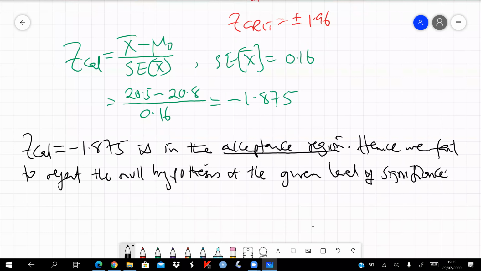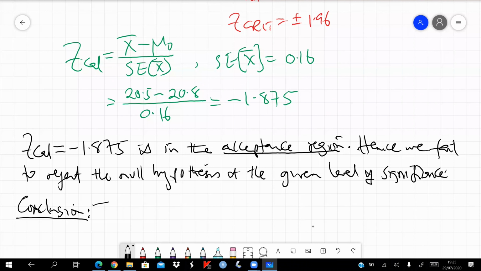So what's our conclusion? We go back to the question that we are trying to answer, and we respond to that question specifically. The question is, does this sample come from a population whose mean is 20.8 hours? Yes or no? Yes.